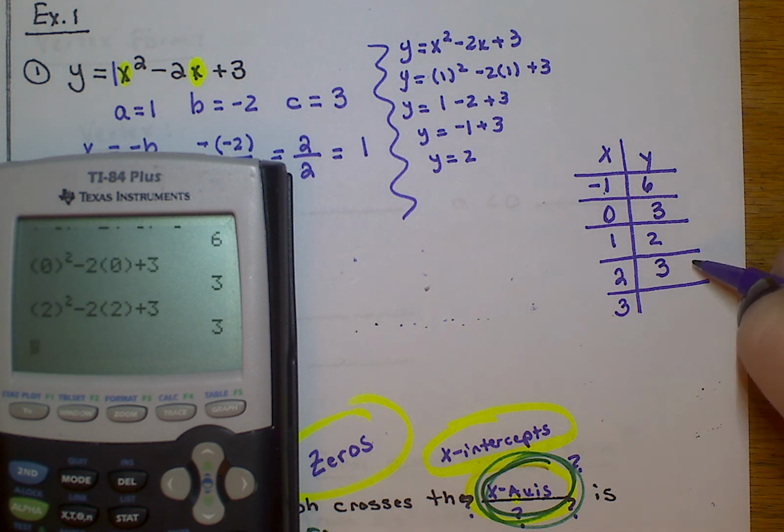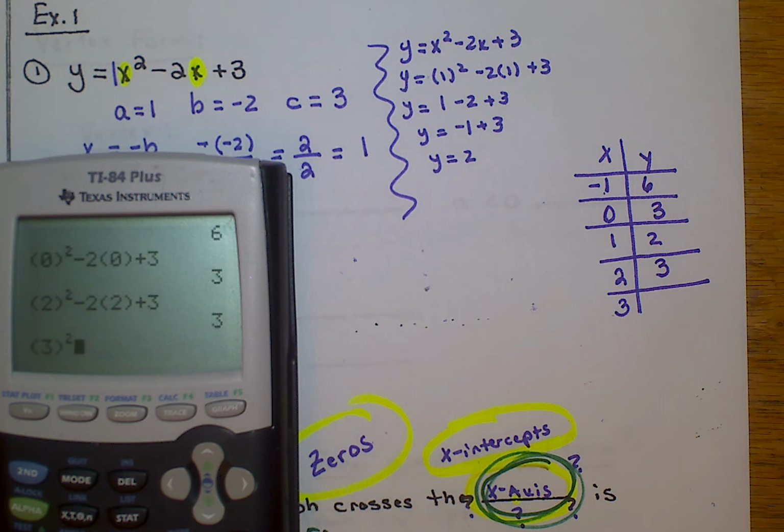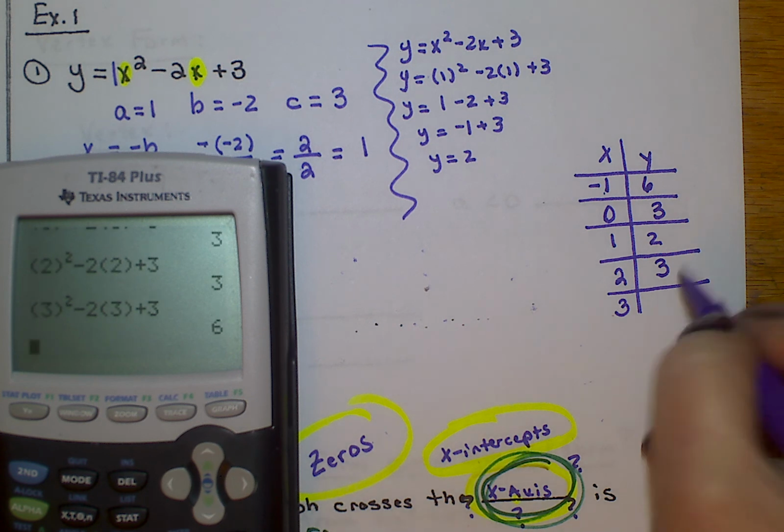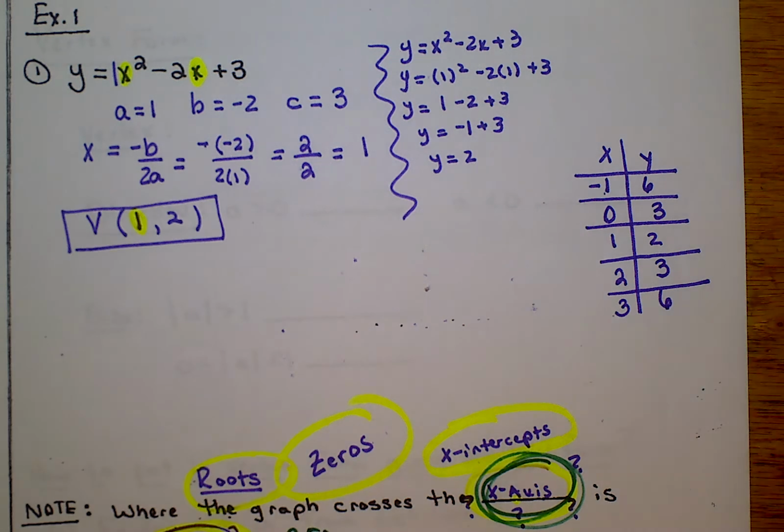Those are going to be your symmetric points. 3 to the second minus 2 times 3 plus 3 is going to give me that 6.